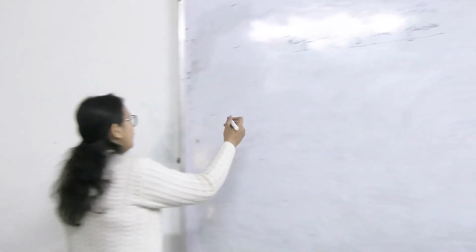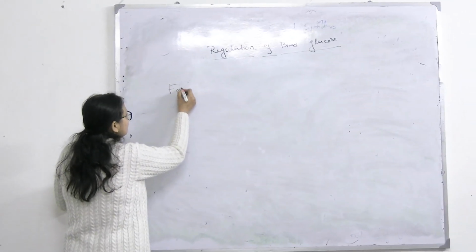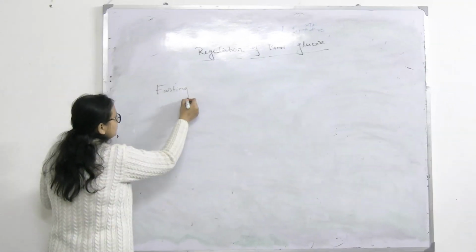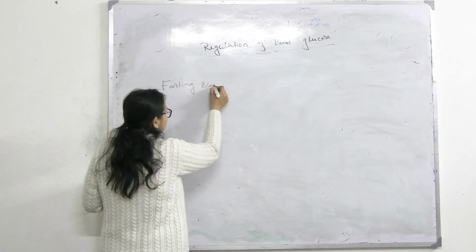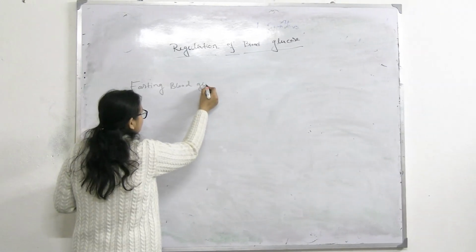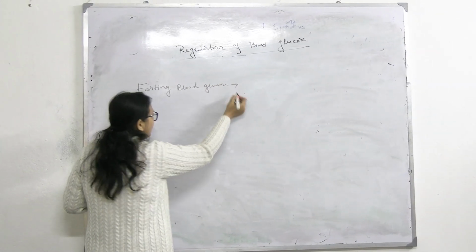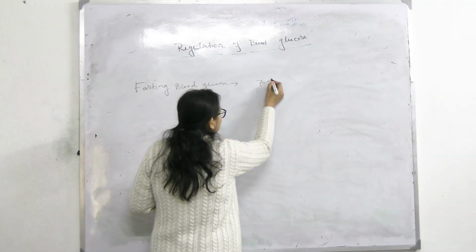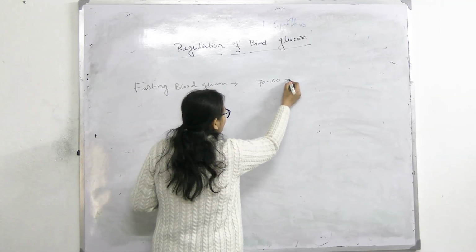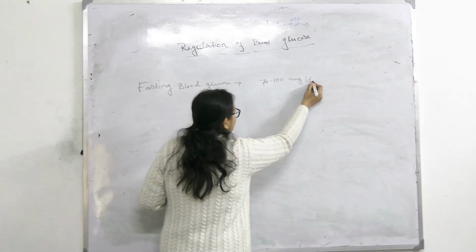What is the normal level? Fasting blood glucose, unit milligram per dl, is 70 to 100 milligram per dl.